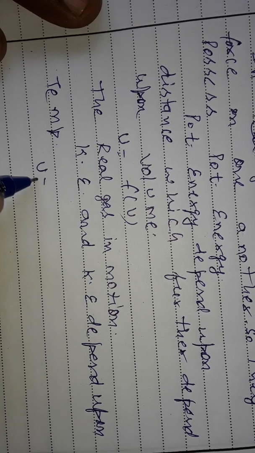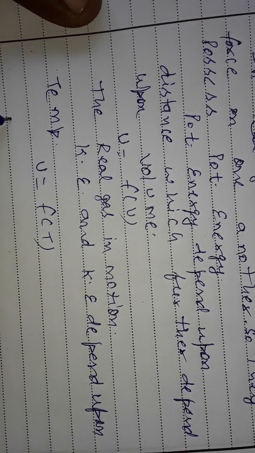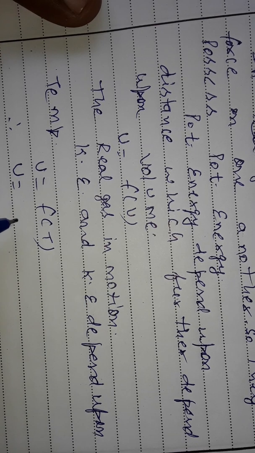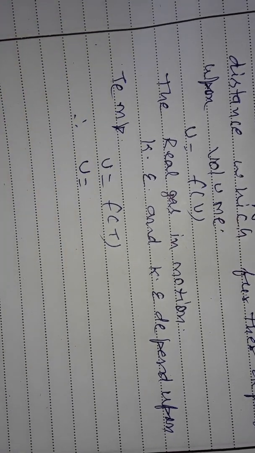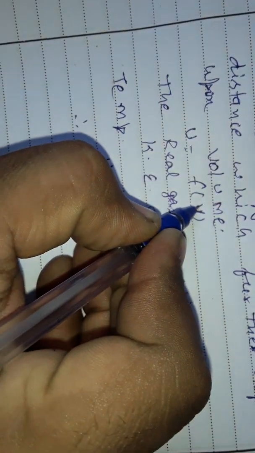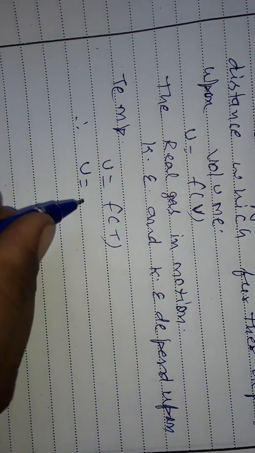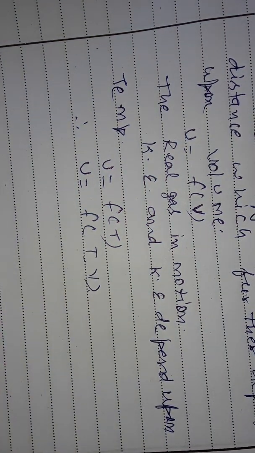So internal energy is a function of temperature also. If we combine these two, we can say that internal energy depends upon kinetic as well as potential energy. Potential depends upon volume and kinetic depends upon temperature. So internal energy is a function of temperature and volume.